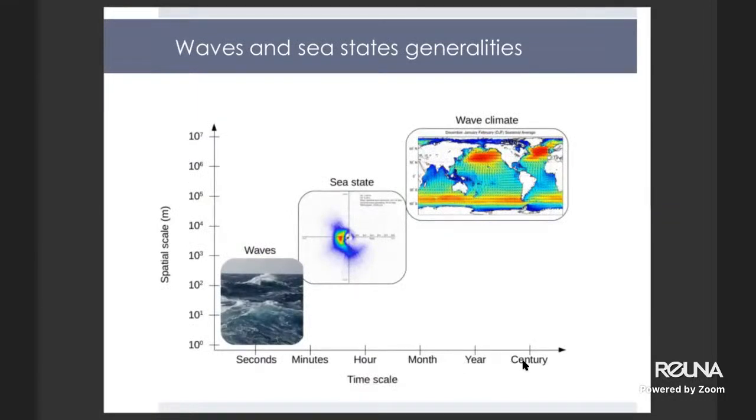The difficulty in modeling waves is that waves are characterized by really small and short time scales, around seconds or minutes, at most minutes for infragravity waves, and really small spatial scales. And we may want applications such as wave climate at the global scale. So to be able to describe the sea state over such a large range of scales, we usually use the spectrum to define the sea state.